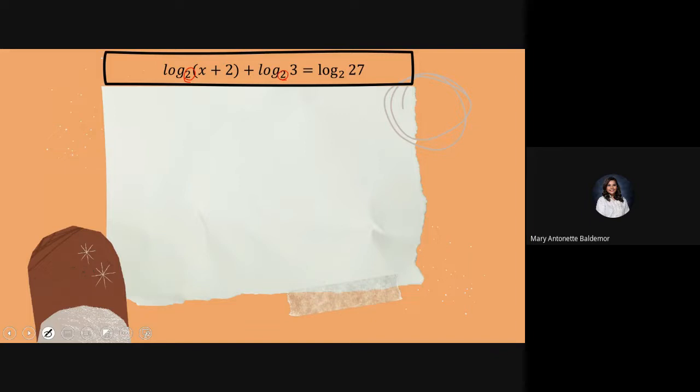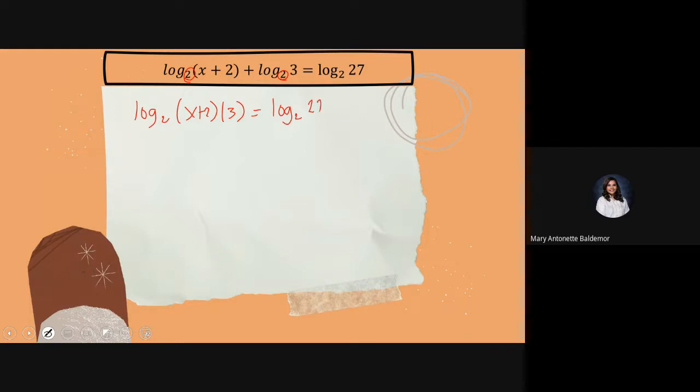So we can rewrite this as the logarithm of x plus 2 times 3, is equal to the logarithm of 27 with base 2.